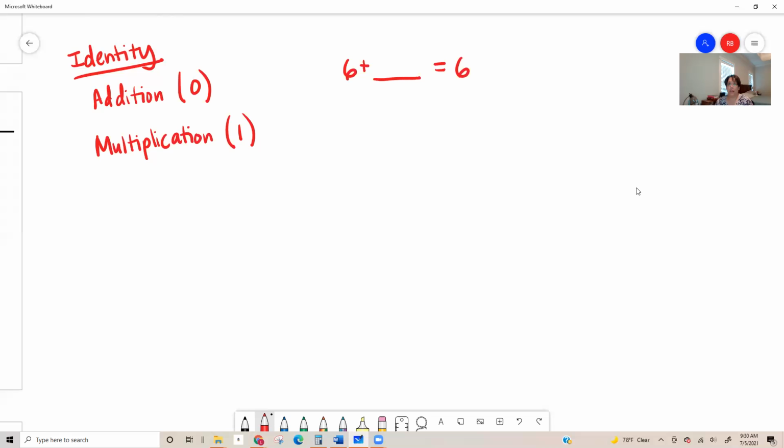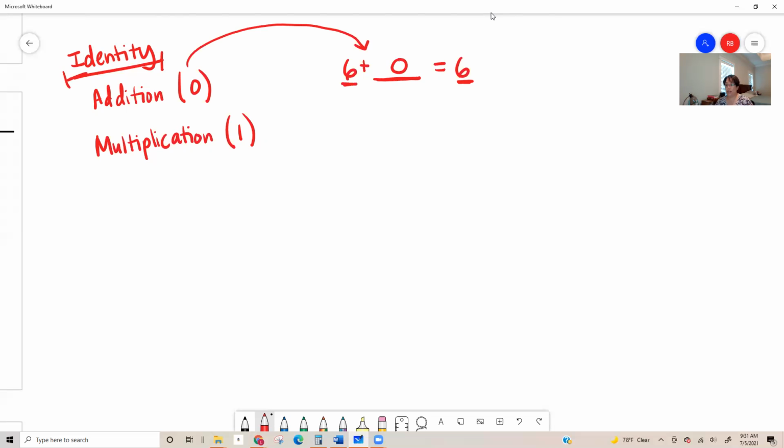Now, that number we know is 0. So whenever you're adding, the famous number is 0. Whatever you start with, you can add 0 and you get back what you started with. So it's like you have not changed your identity. Your identity remains the same.